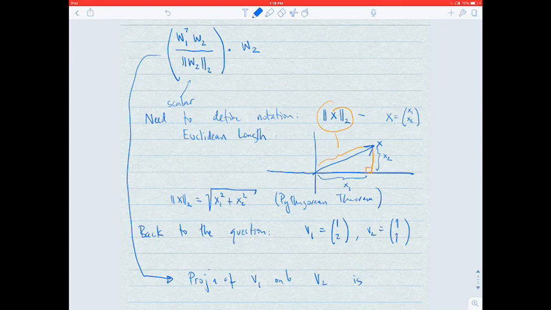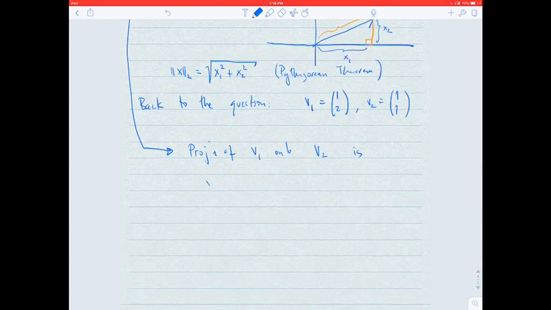able to see this formula, is equal to v1 transpose v2, this is a scalar, divided by this Euclidean norm of v2 in the direction v2. So let's compute all three of these parts. v1 transpose v2 is equal to 1, 2 times 1, 1, which is equal to the scalar 1 plus 2, or in other words 3.